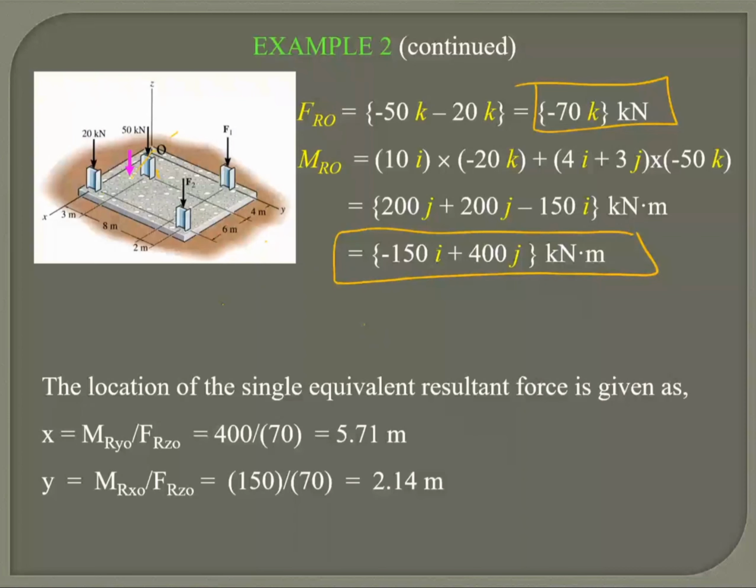So basically, the turning effect is along the X and along the Y also, because I've got two components here. So if I divide my Y component by the resultant, I get the X distance. How can I visually show you this?